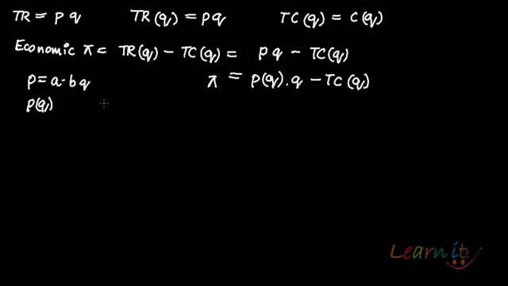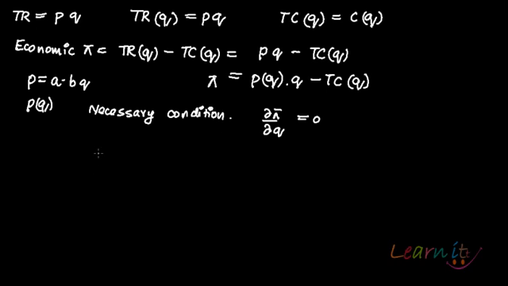Now, what is the necessary condition for choosing the value of Q that maximizes this profit? For maximization, the necessary condition is del pi by del Q equal to 0.